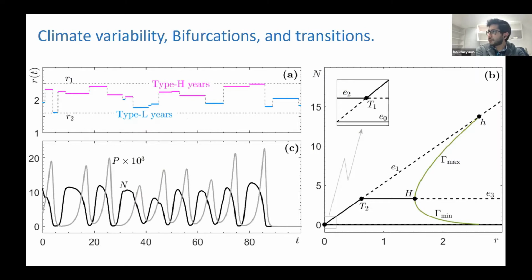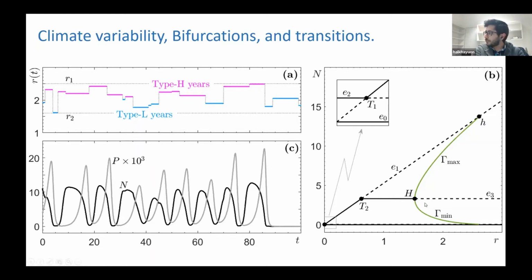If you just forget about the time dependency of R for a moment and look at the bifurcation diagram in figure B in this slide, you can see that with respect to R, we have at most 4 different equilibria in the system. One of them, which is E3 here, is a coexistence equilibrium in the sense that it gives you a non-zero density of prey and non-zero density of predator.